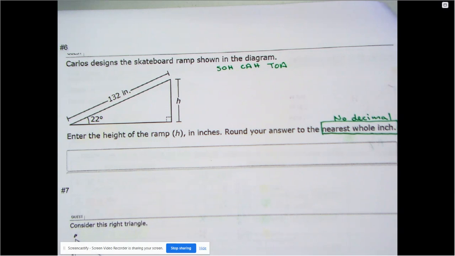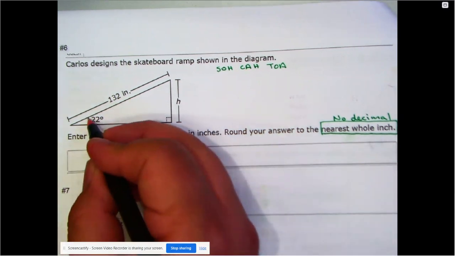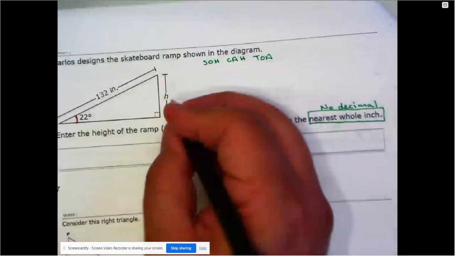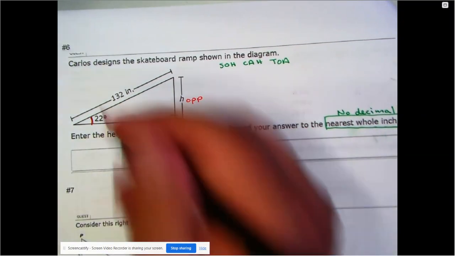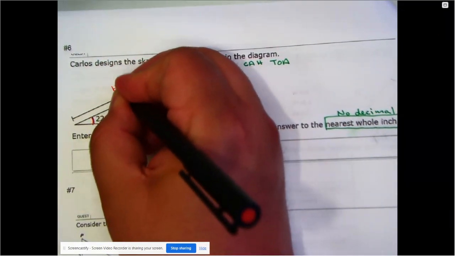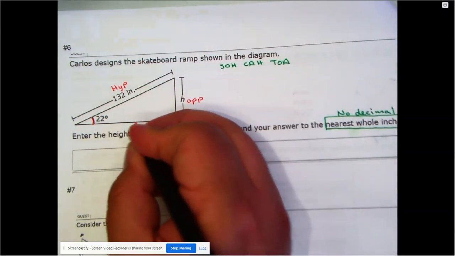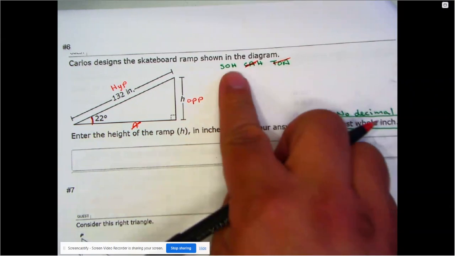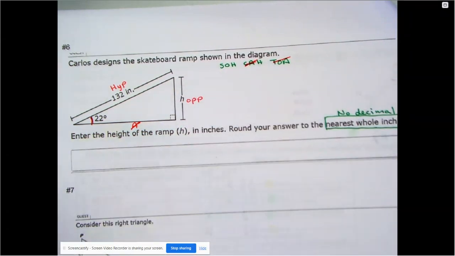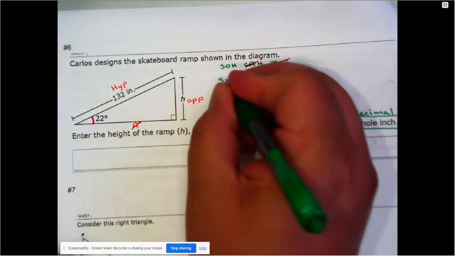So here we go. We're going to label for SOHCAHTOA. Here's my angle, which makes this the opposite. It makes this the hypotenuse. And there's no information on the A, so anything with an A goes away. And there's my winning trig function. So S is for sine.